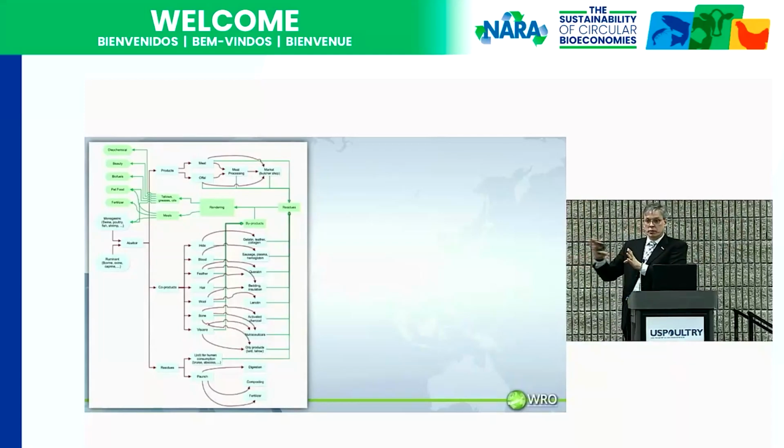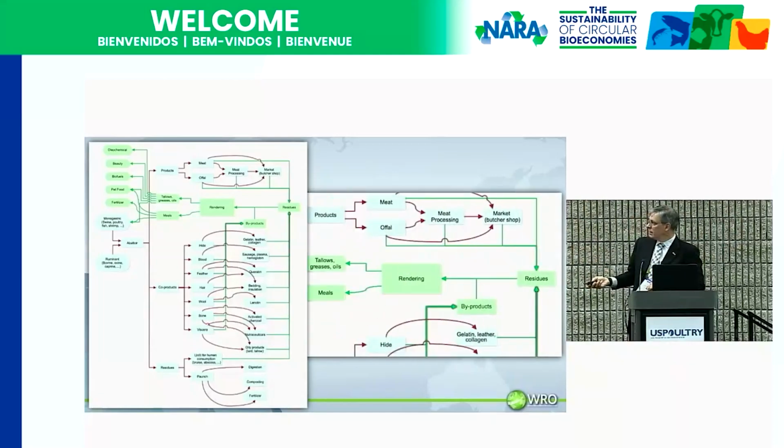These are co-products. If the residue or the bone comes to us, then it becomes a byproduct that comes to rendering. If we collect the residue of a meat shop, then it's a residue. If we collect the leftovers of a gelatin industry, then it's a residue. So we can render both byproduct and residue according with the allocation, according with the origin of the raw material.